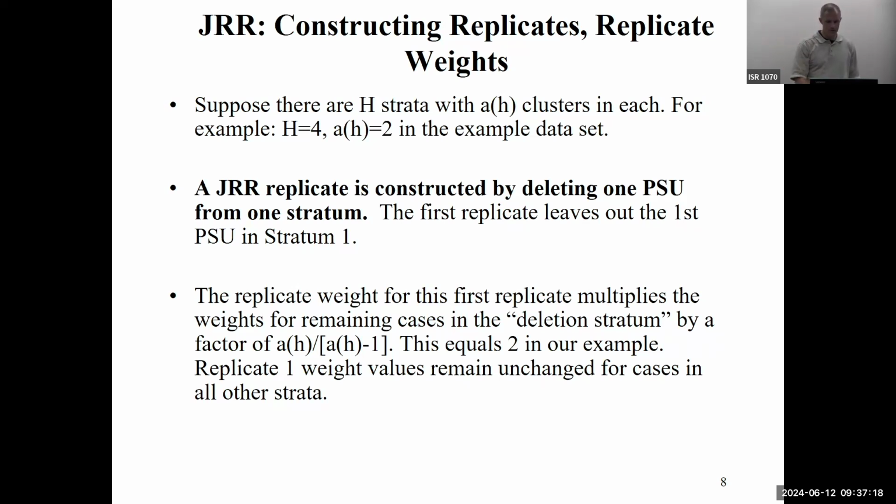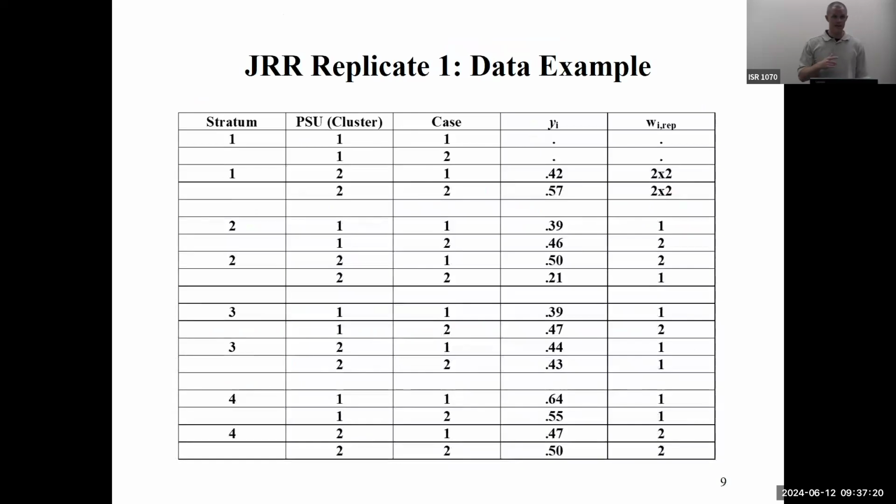Here's how it would look in the structure of the data set. To form the first replicate, we literally delete the first cluster from the strata and those cases. You see the weights of all the remaining cases. For the final 12 cases, their weights are unchanged. The only weights that are adjusted are the remaining cases in the stratum where the one PSU is deleted.